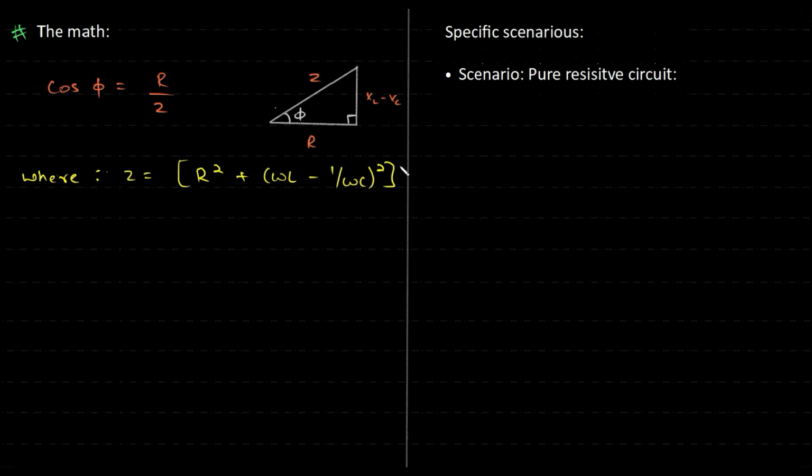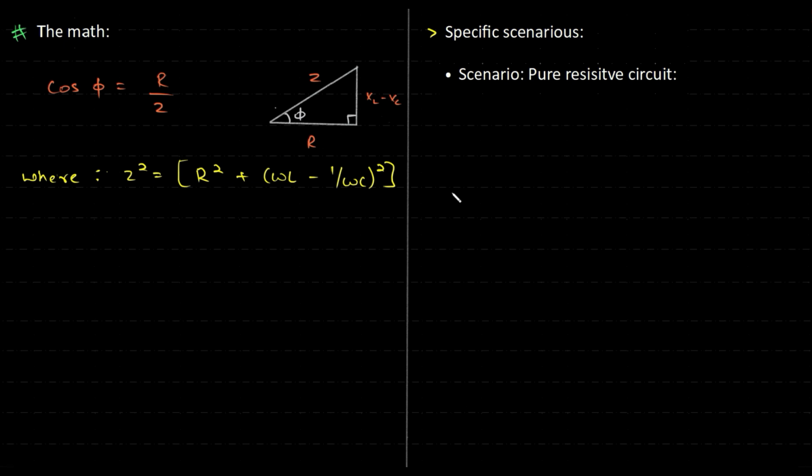Z square is equal to that. Again, you guys can write the root over there, not an issue. So what can we tell from this? Further, we can't do anything over here, but we can do something with specific scenarios.